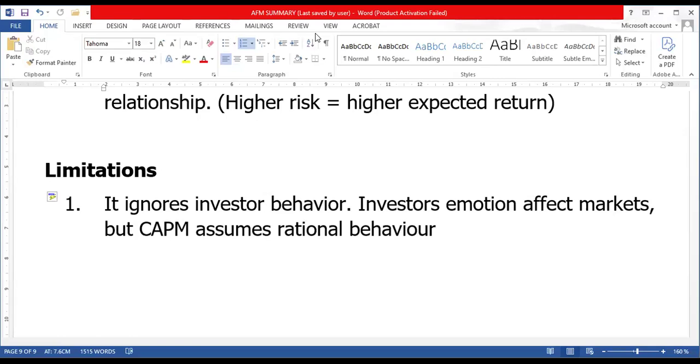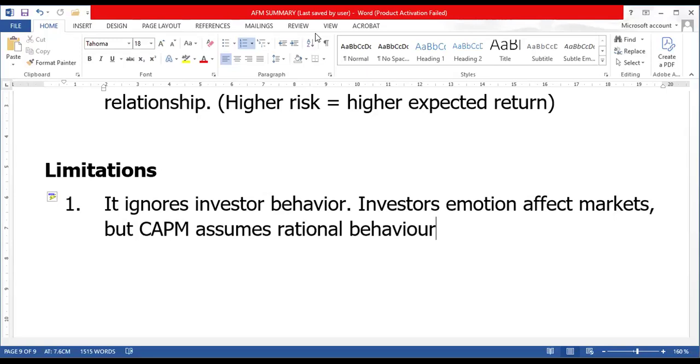If you're greedy or in panic, all those things can affect you, and you can end up not considering the right investment or choosing the right project.